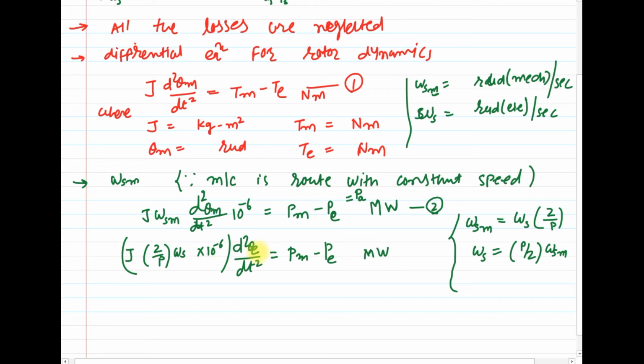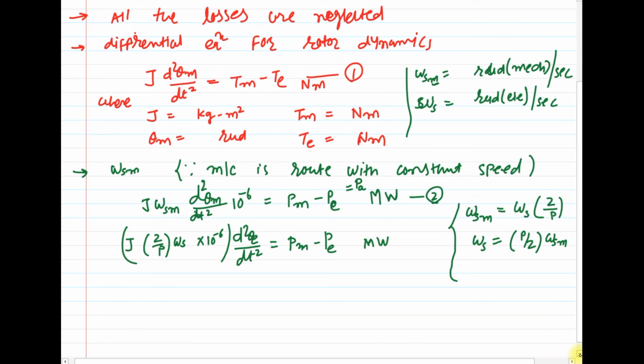So here the theta E is equal to angle in radian, or you can say electrical angle in radian. Clear? Next, we can consider this quantity, which is equal to m. We will write m d square theta E upon dt square, which is equal to Pm minus Pe.